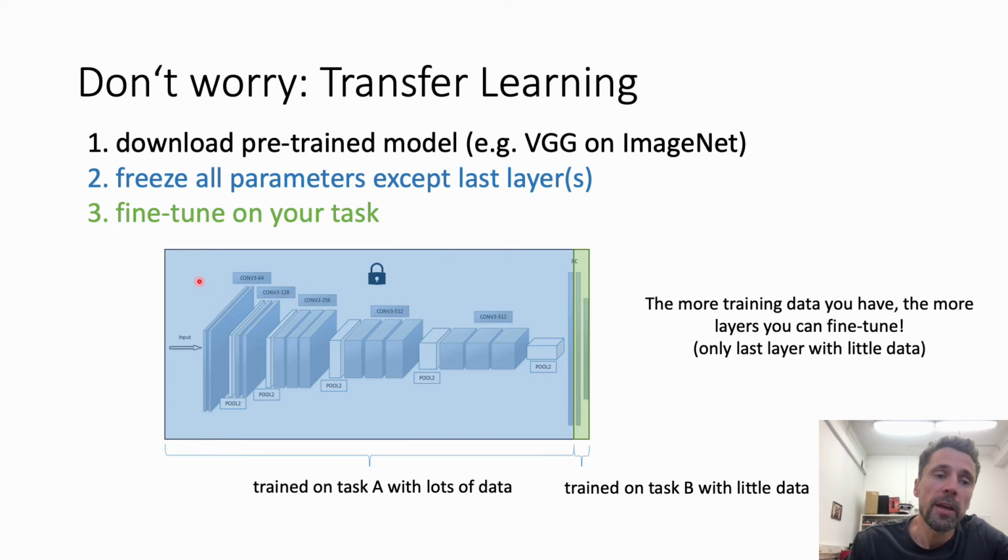Then you take this and you freeze most of the parameters, and in the 3rd step fine-tune only those last layers on the training data that you have, right? If you don't have any training data, then you can't optimize those parameters, and you can just try to use features.